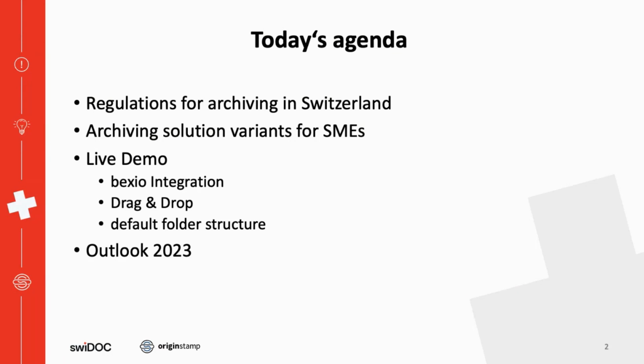One without a certified archive and one with an archive, and basically compare a few different solution variants that exist on the market currently, and also put them into context. So how well are they really suited for the actual job of archiving, right?